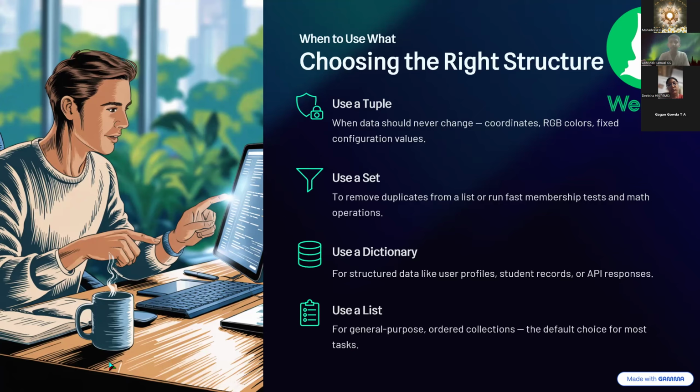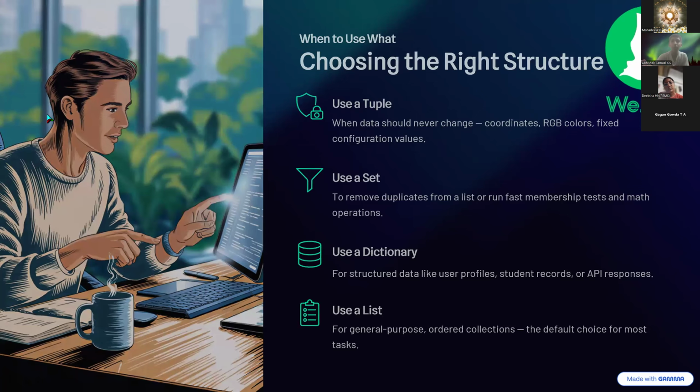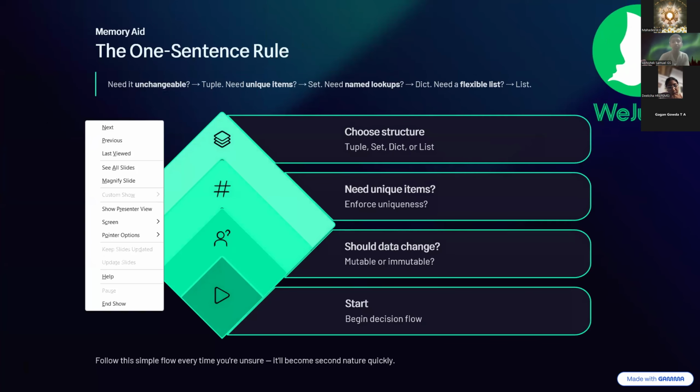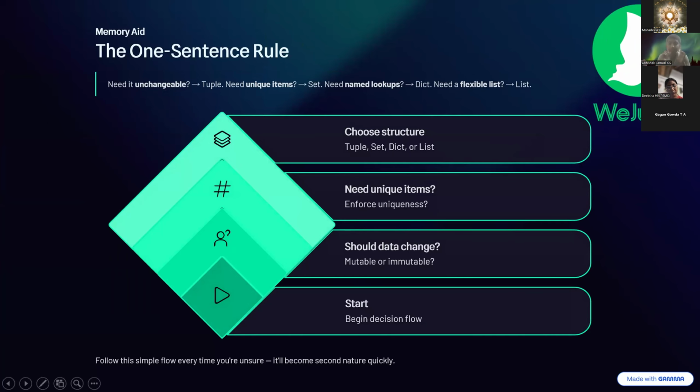Then we will focus on how to form a project by choosing the right structure for whatever you're facing. There is a one-sentence rule for data structures: tuples are unchangeable, sets are unique items.